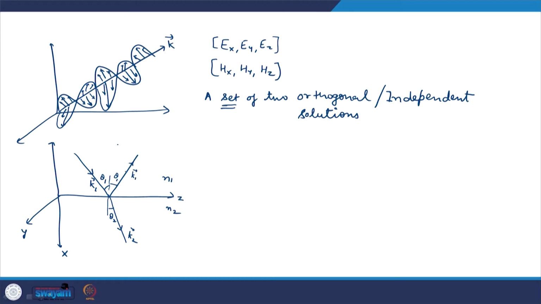What we see here is that the plane which contains the incident ray and the reflected ray forms a plane. This is called the plane of incidence.